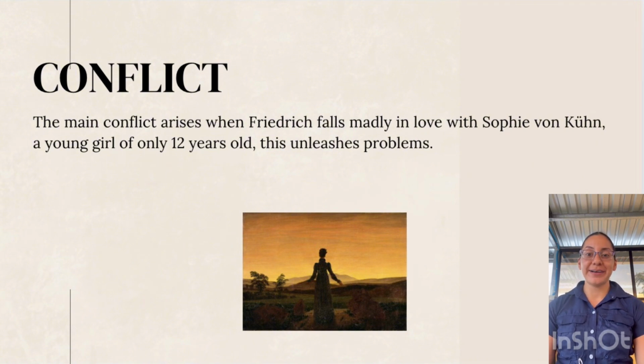Because Friedrich falls deeply in love with Sophie, who is only 12 years old. The age difference and opposition from Sophie's family become an insurmountable barrier to their love. Friedrich finds himself caught between following social convention and following the calling of his heart, facing disapproval and judgment from those around him.